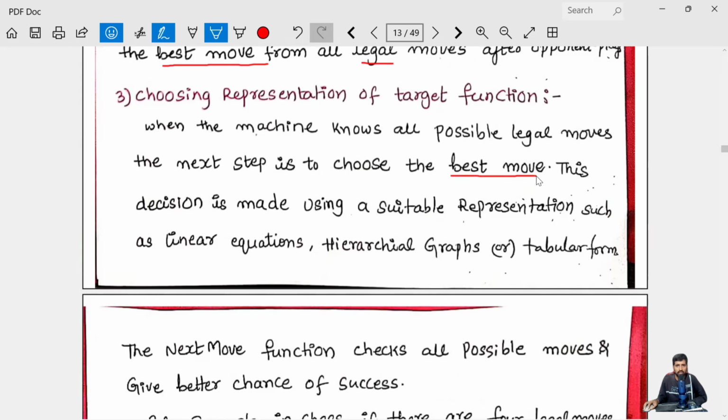You may have a number of possible legal moves, but we should always select only the best move. In choosing a representation of target function, this decision is made using a suitable representation such as linear equations, hierarchical graphs, or tabular form.